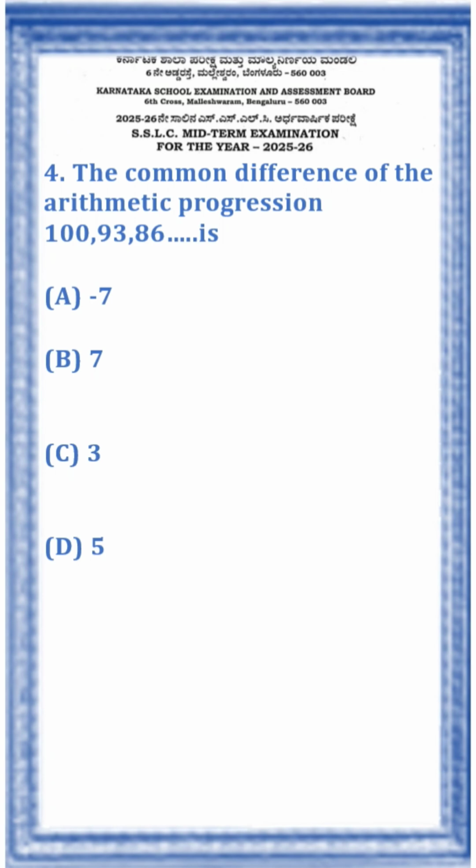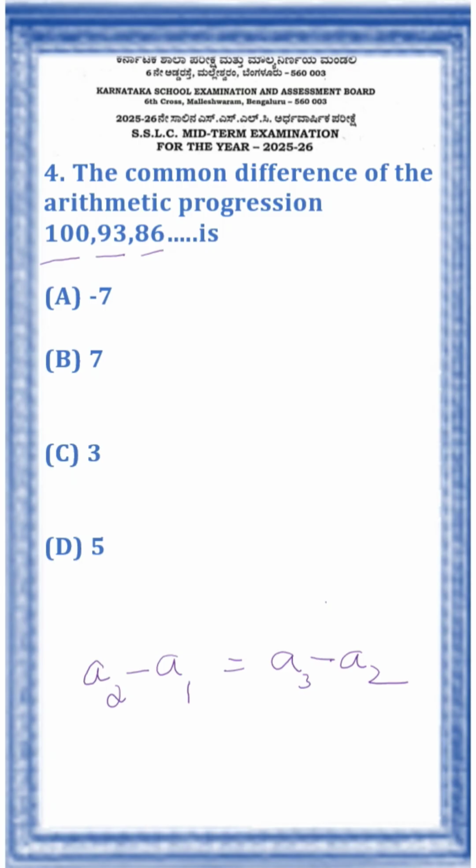The fourth question is from the chapter Arithmetic Progression. The question is: the common difference of the arithmetic progression 100, 93, 86 is. This is the first term, this is the second term, this is the third term. In an AP, to find the common difference, you have to subtract the first term from the second term, which is also equal to the third term minus the second term.